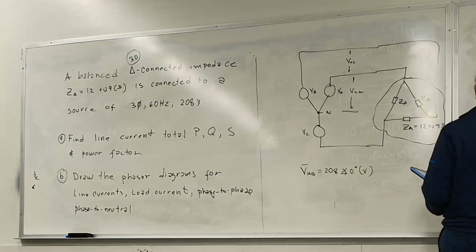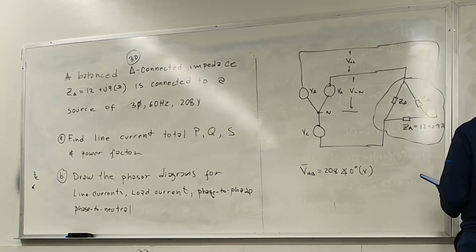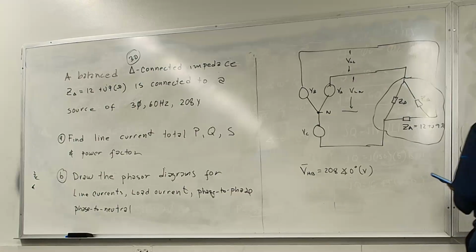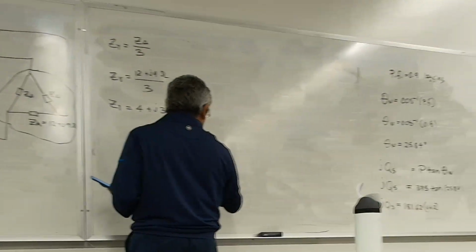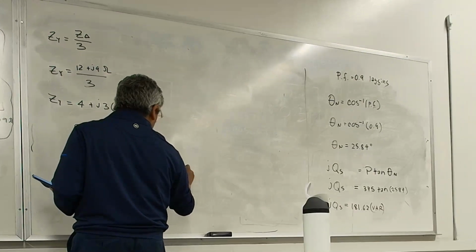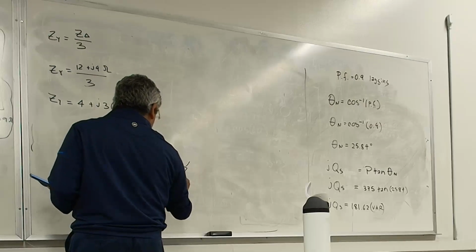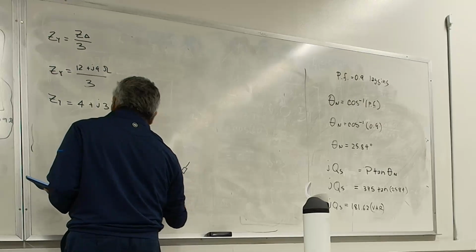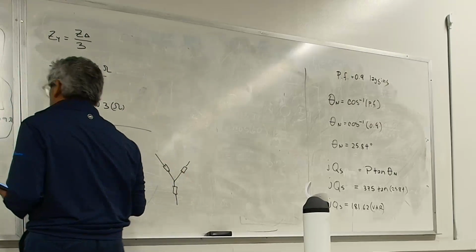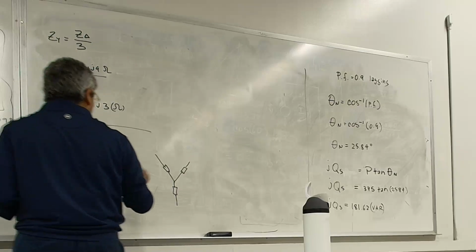So my circuit now looks a lot friendlier, so that I can do my analysis on a per-phase basis. Remember, the amount of power that the delta and the Y consume is the same.